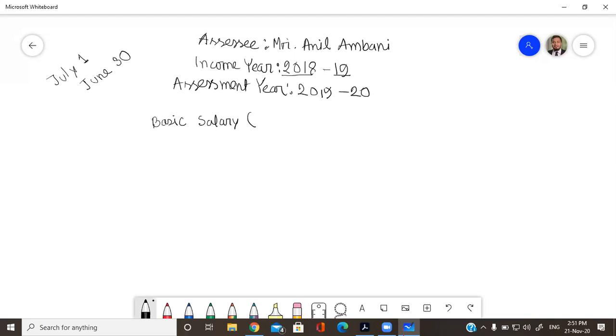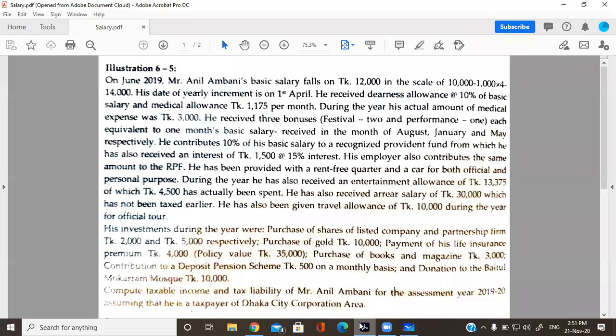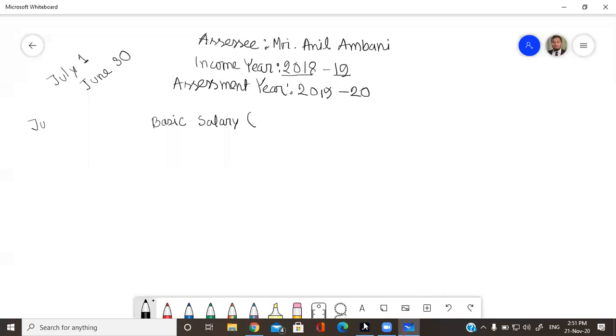But remember, as it is mentioned, on June 30, 2019, Mr. Anil Ambani's basic salary was 12,000.